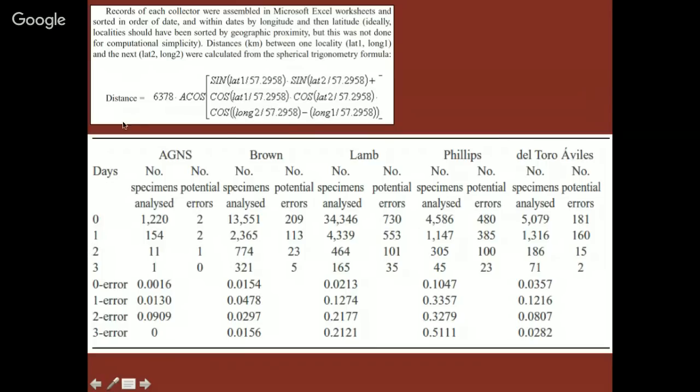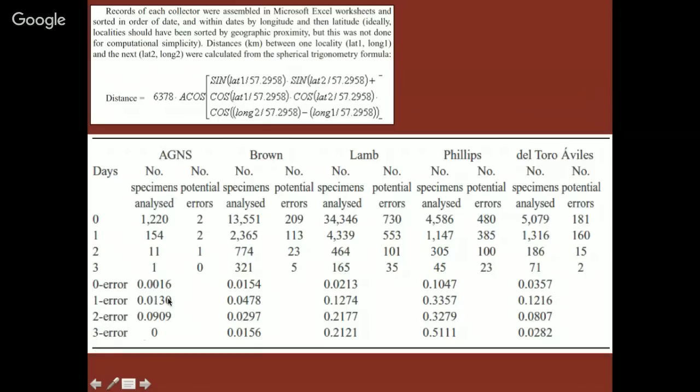That was calculated using this complicated formula from spherical trigonometry, but we allowed a certain radius of movement per day. And so movements within one day, movements between one day and the next, or between 2 days and the next, 1 day and 2 days later, and 1 day and 3 days later.